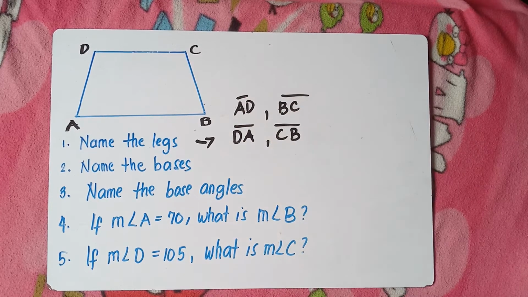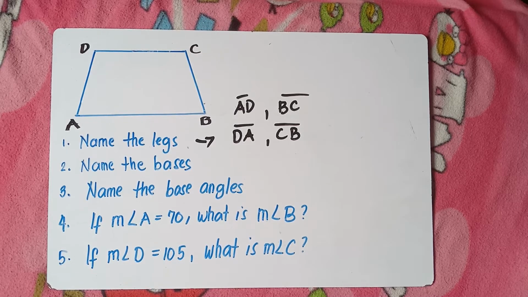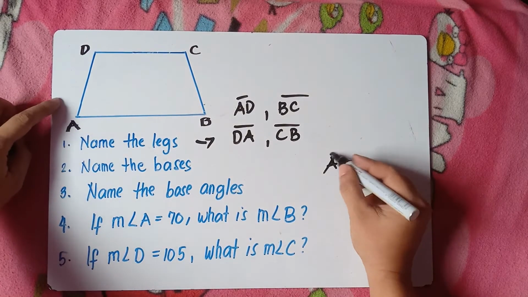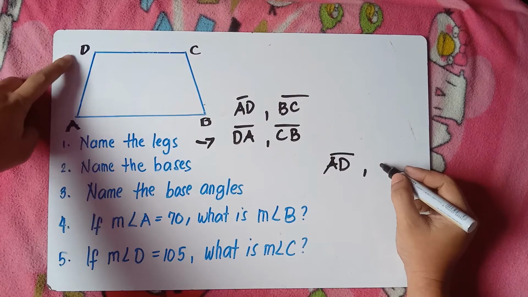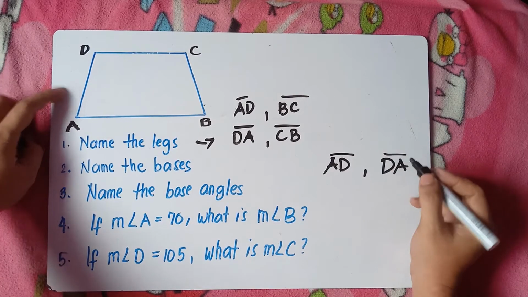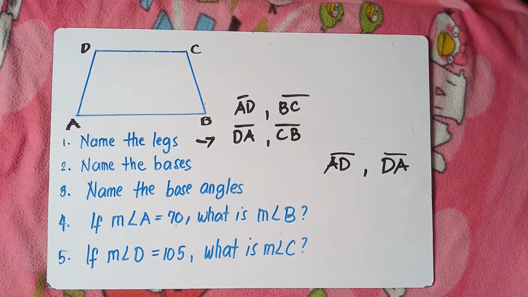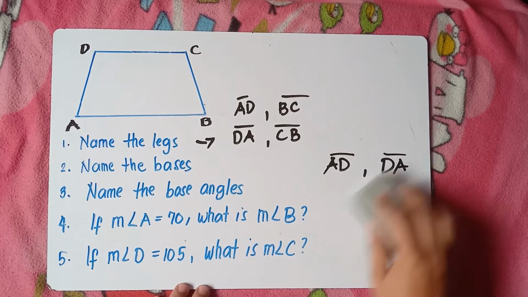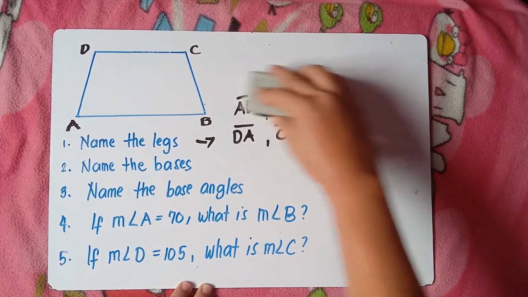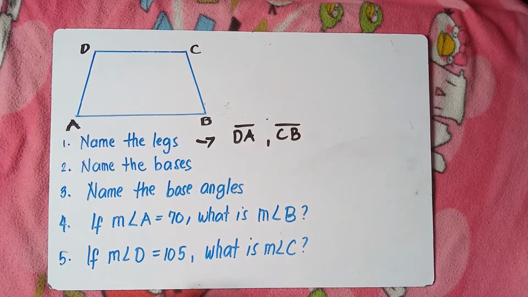That's actually the same, class. Line AD is the same as line DA. It could be interchanged.